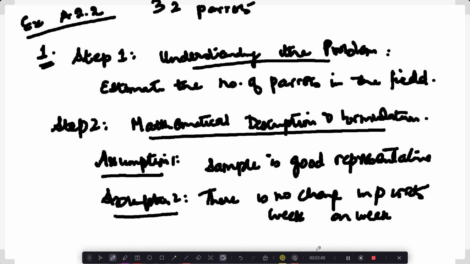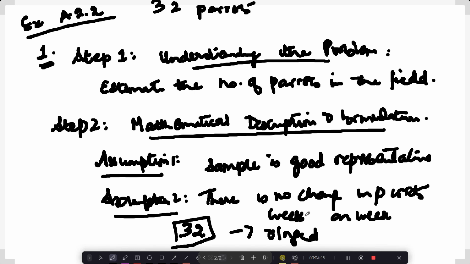What else can you say? So what do you know right now? That 32 have been taken and ringed, right? So 32 represents... Just a second.